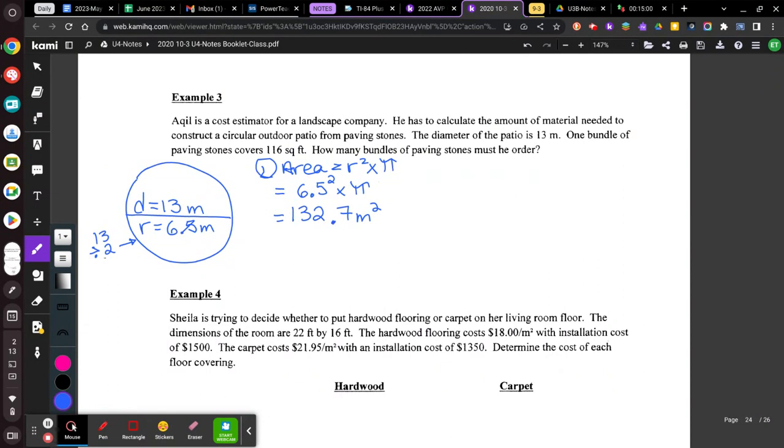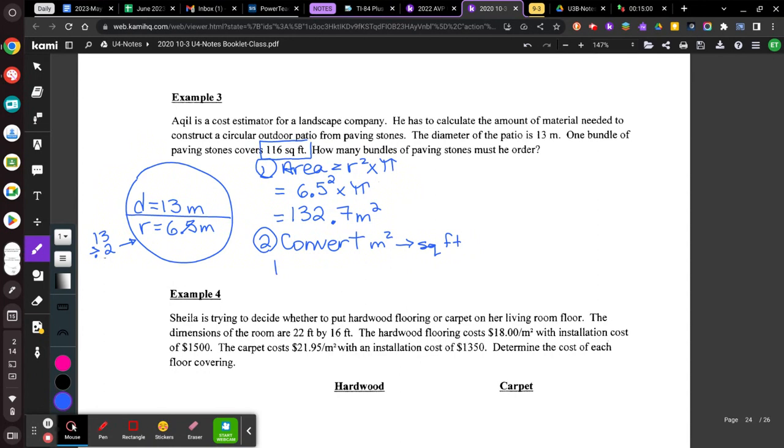Then it says our paving stones cover 116 squared feet. So our second step now is to convert. We are converting meters squared to square feet.